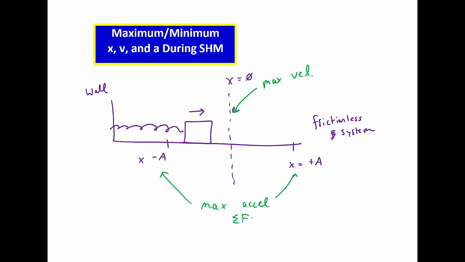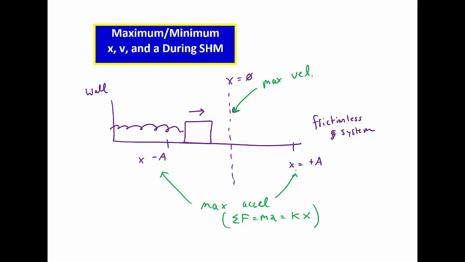So net force is equal to m times a, and for this problem, that force was the force of the spring. Hooke's law was telling us that the bigger the compression or the stretch distance, the more force. So if I have the biggest net force there, then those are our values for the maximum acceleration.